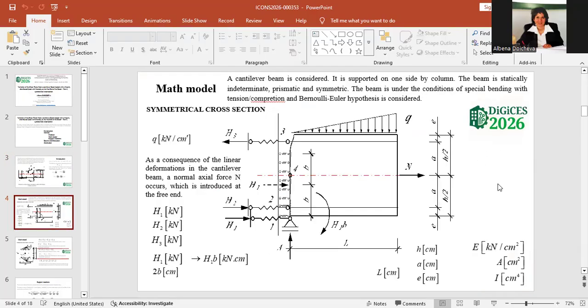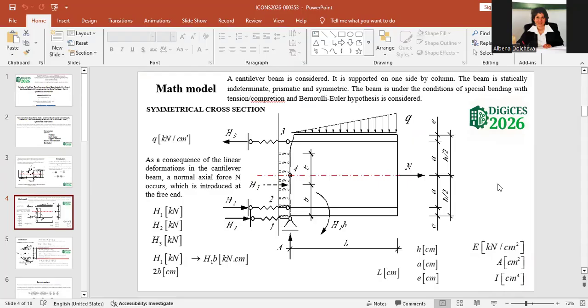Now we try to find the forces of the reinforcement bar and a force which will take into account the connection between the concrete of the beam and the concrete of the column.